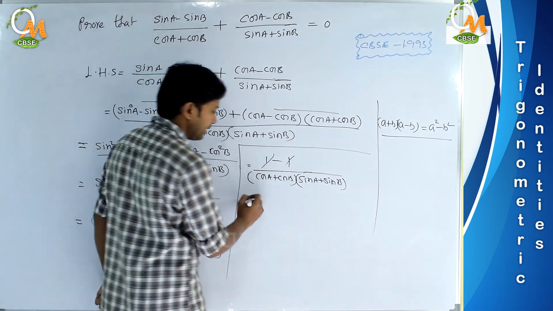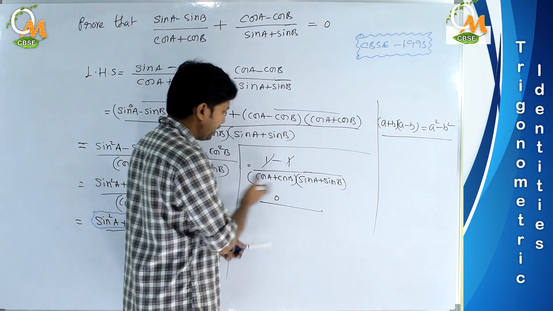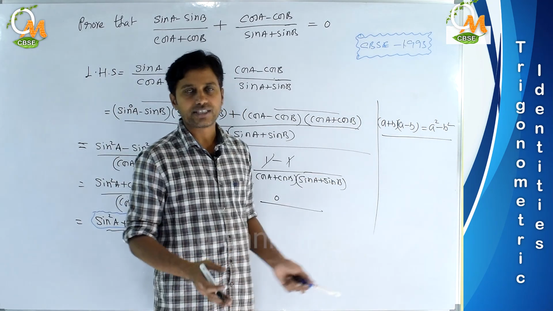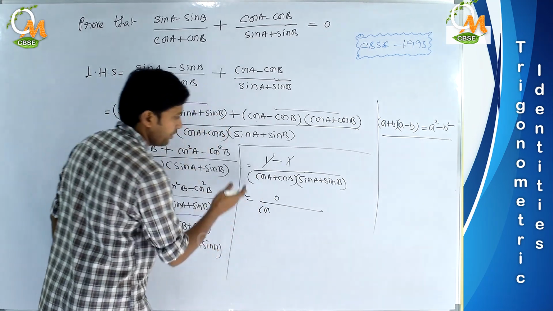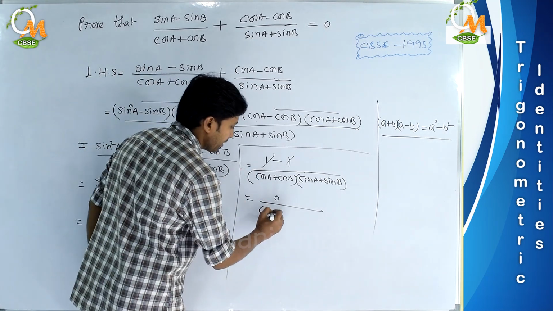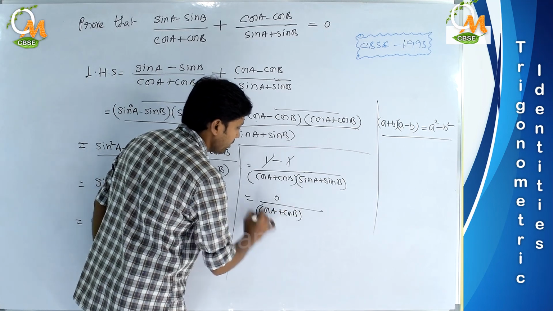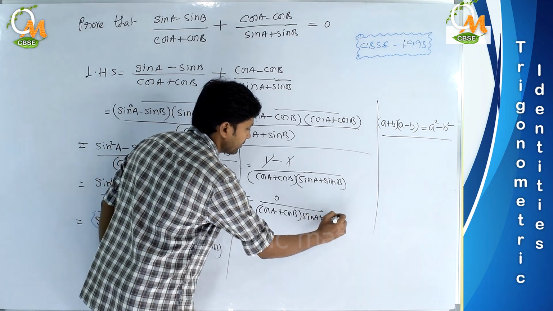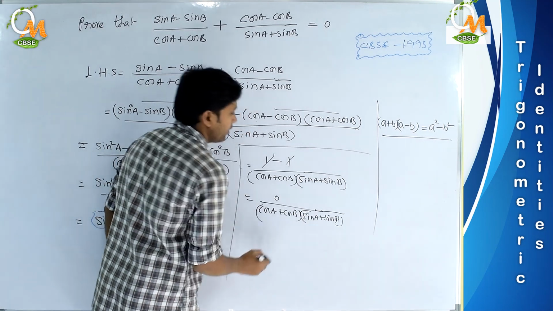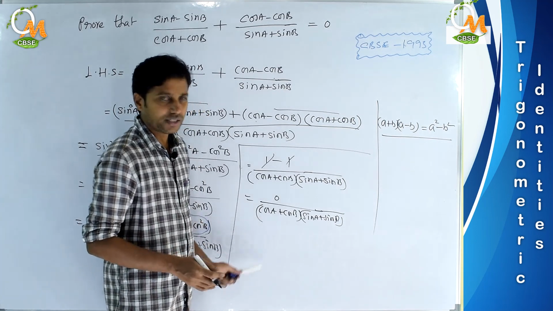Now 1 and 1 get cancelled. So what do we get? 0 in the numerator part. Whenever we get 0, we don't need to bother about the denominator. Whatever it is, it becomes 0. I wrote the denominator step only because we are writing in a step by step method; we don't need to write it.